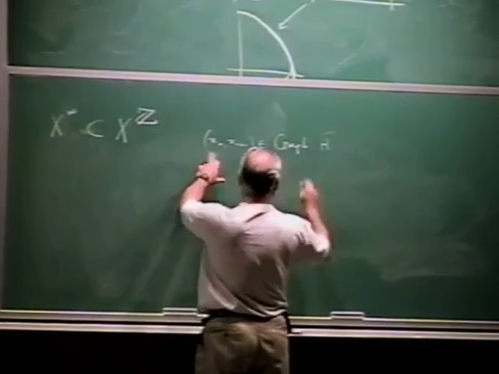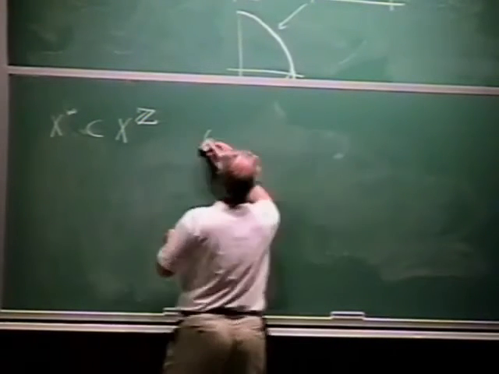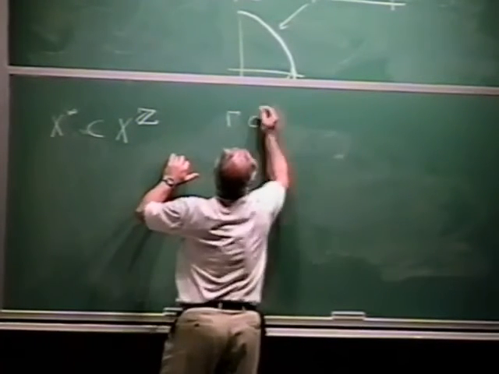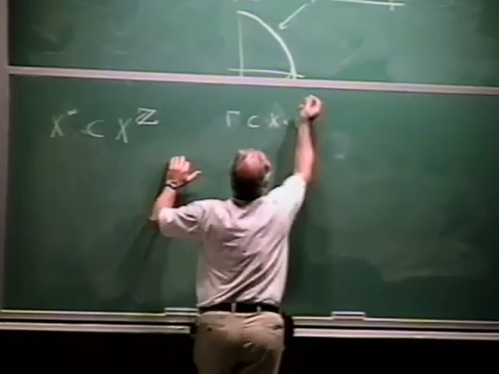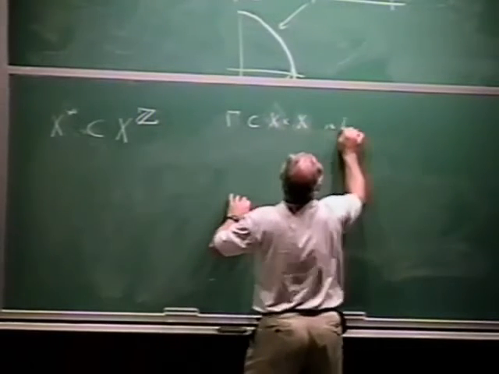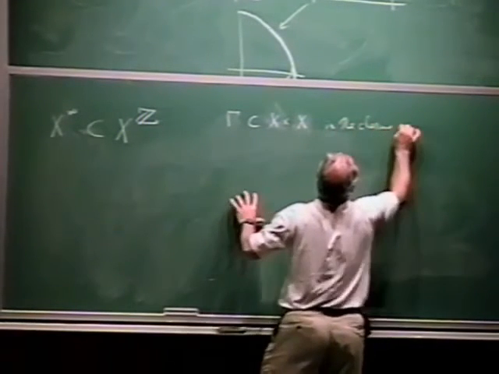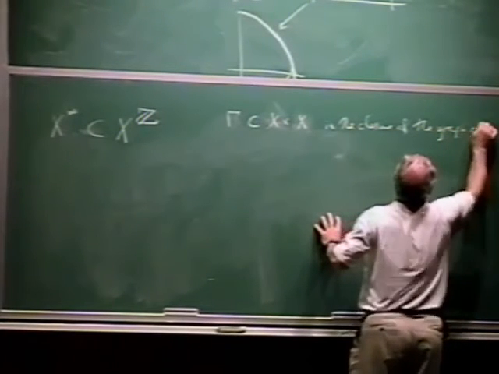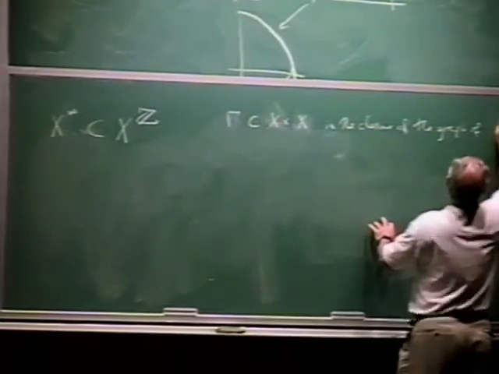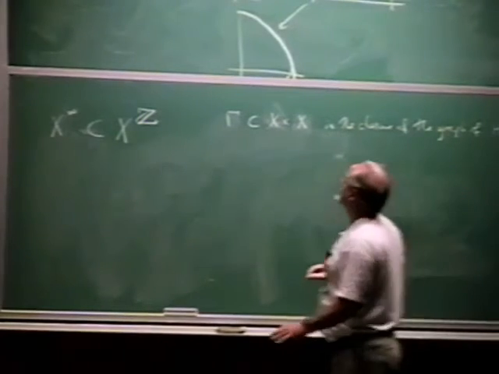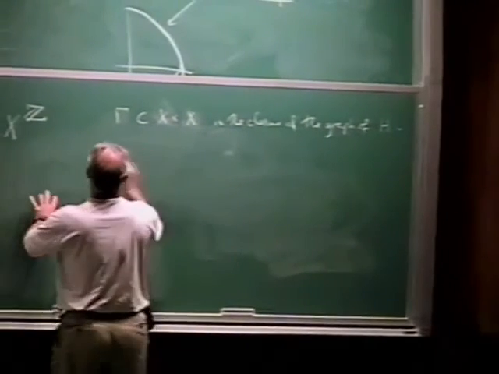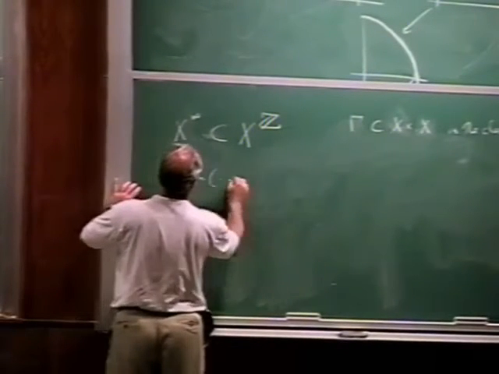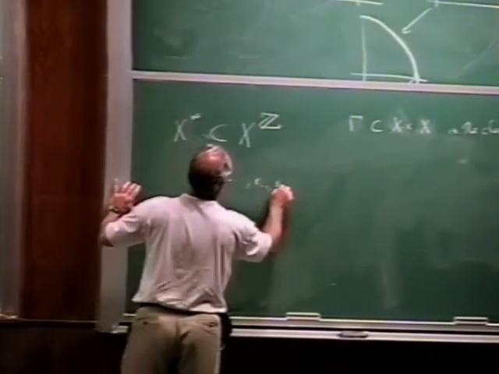Let me see. So let gamma in X cross X be the closure of the graph of h, and then X infinity is equal to the set of sequences.